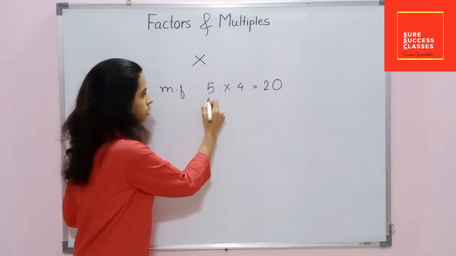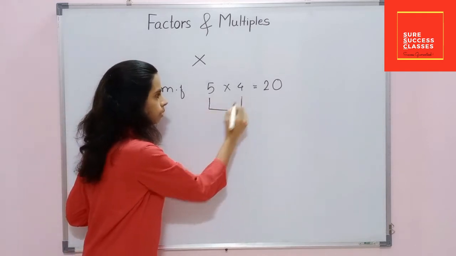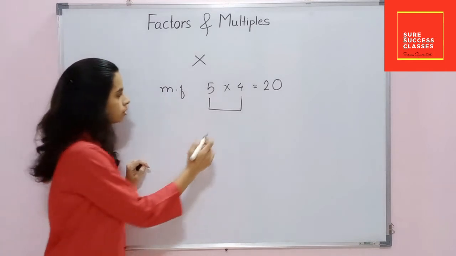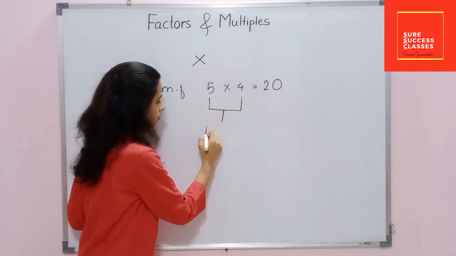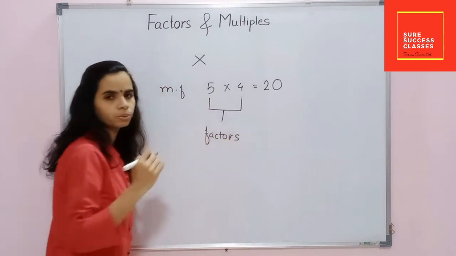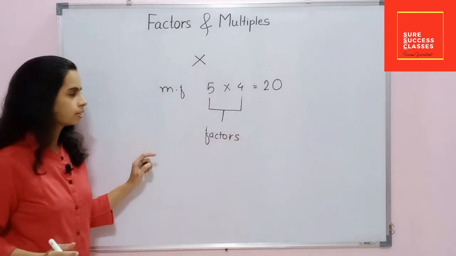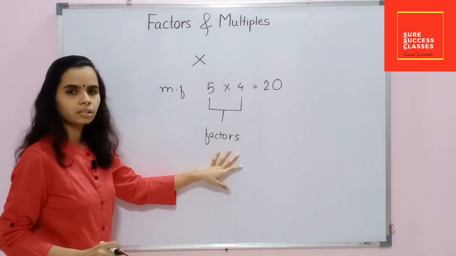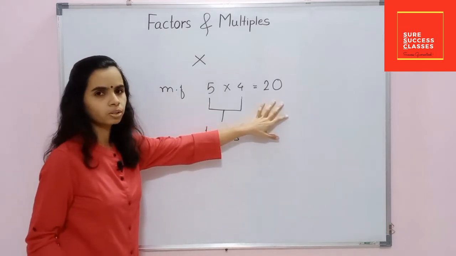These two numbers, multiplicand and multiplier, are called factors. The numbers to be multiplied are called factors, and these factors completely divide the product.